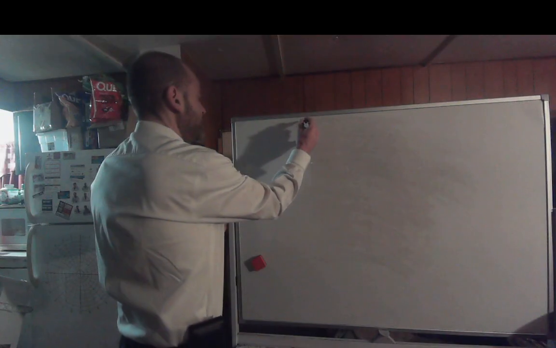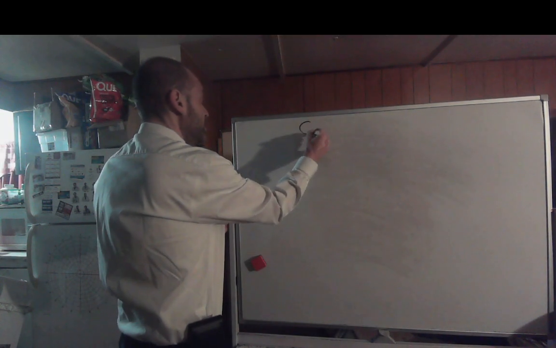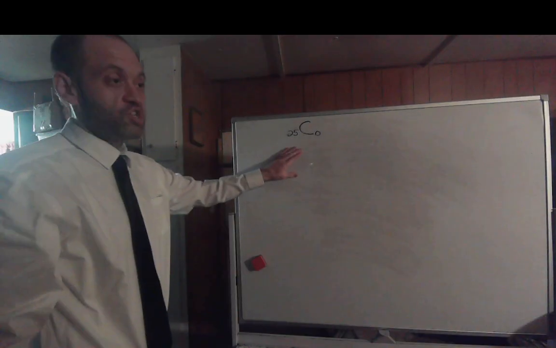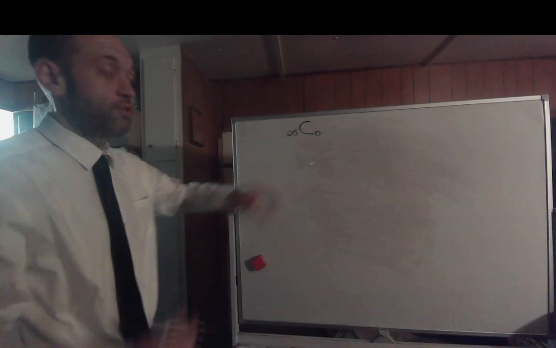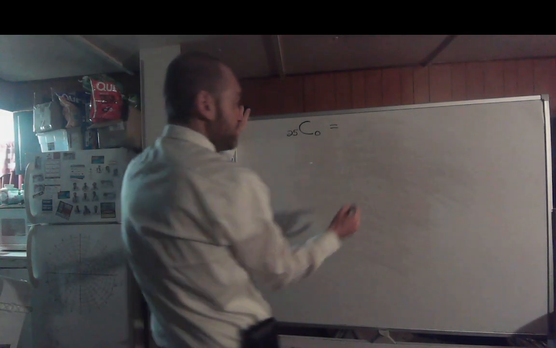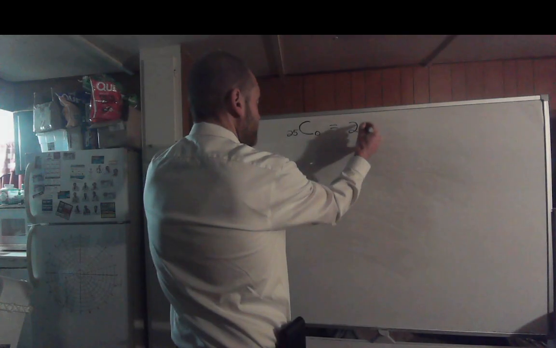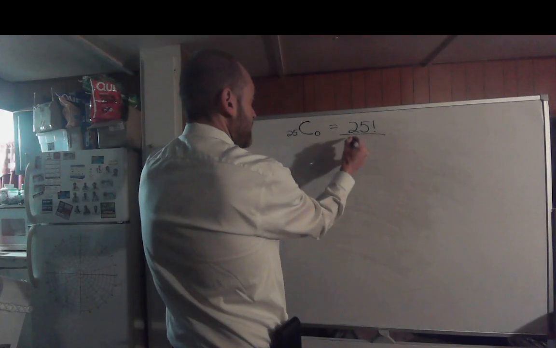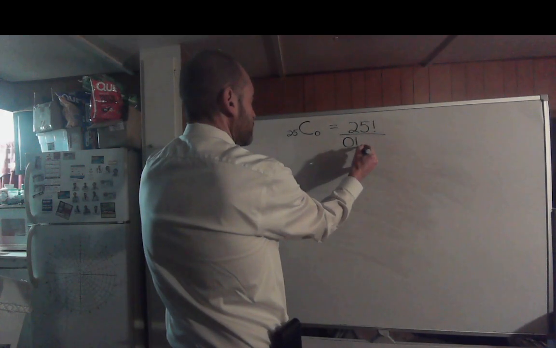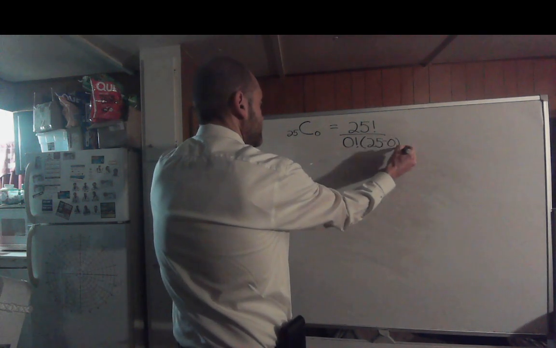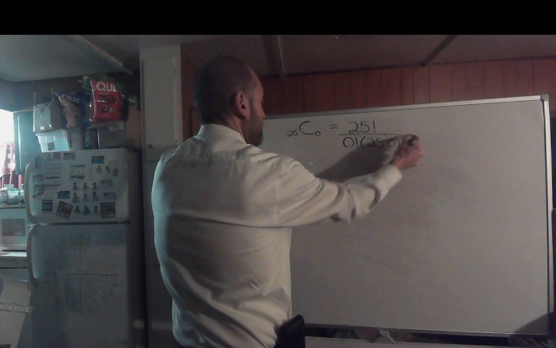Let's say I take the combination of 25 items 0 at a time. So this is going to be equal to 25 factorial divided by 0 factorial times 25 minus 0 factorial.